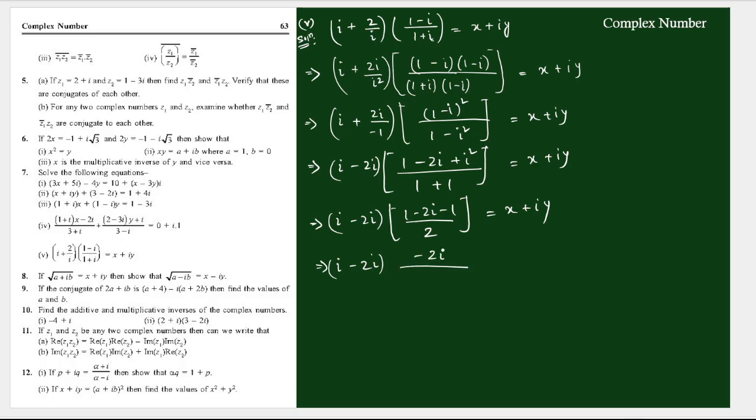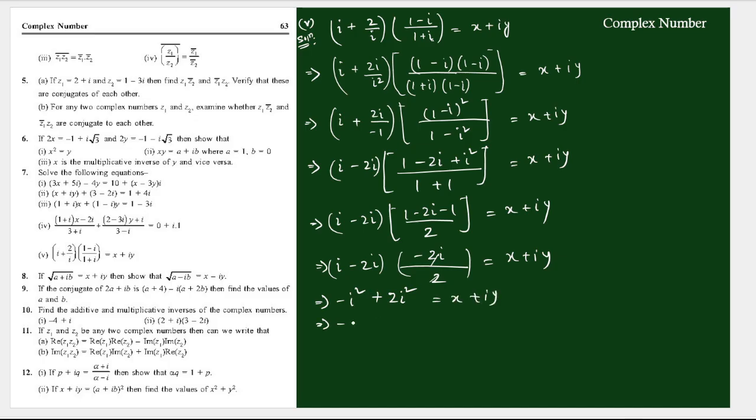So only we got minus 2i by 2. Yes. So 2 cancel again. So we have got only minus i here. So you multiply it, minus i square plus 2i square. And then we have got here x plus iy.